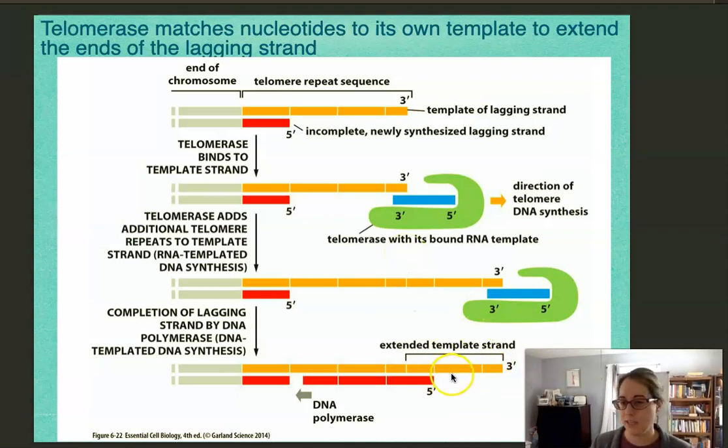Yes, we do end up having some section of the template strand which does not have a complementary nucleotide strand. But that's okay because this is just repeated nucleotides and it was just made through the use of telomerase. It doesn't contain any important genetic information. So essentially, our lagging strand should be the same length as the original template strand, and the template strand actually ends up being longer than it originally was.